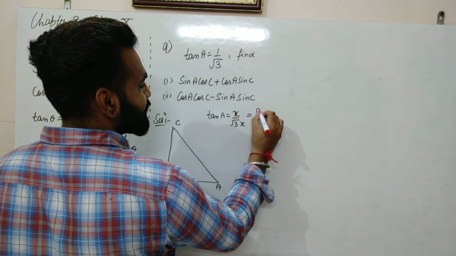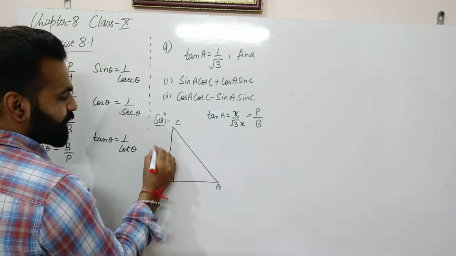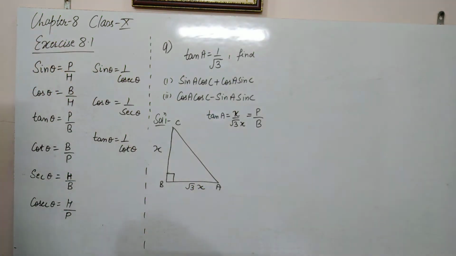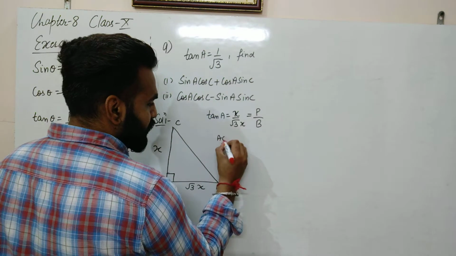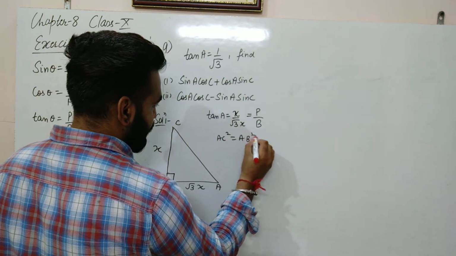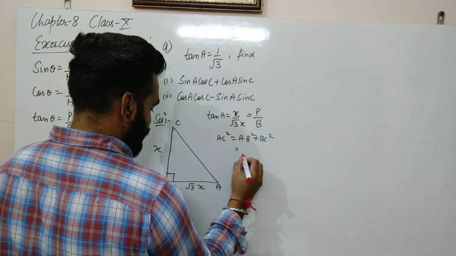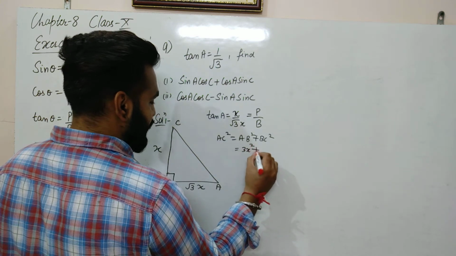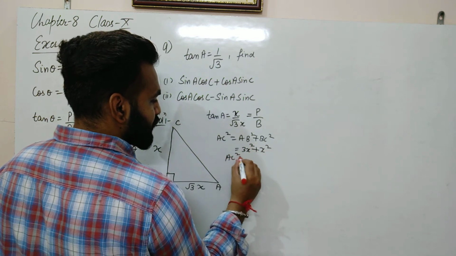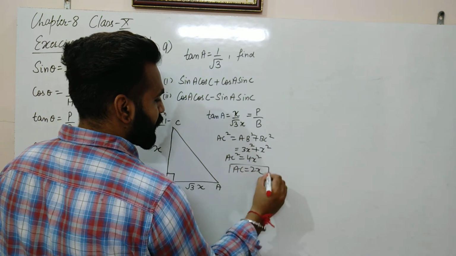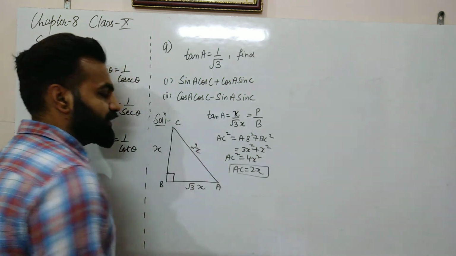Tan A is P by B, so this will be x. This is root 3x. So we can find the third side here. AC square is AB square plus BC square. This will be 3x square plus x square. AC square is 4x square. AC will be 2x. So this is equal to 2x.